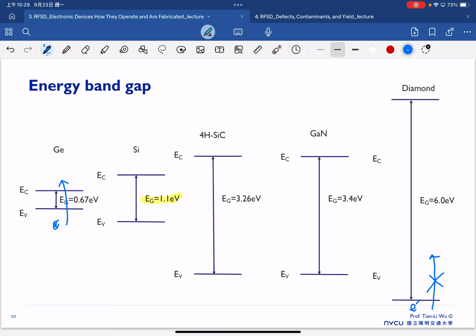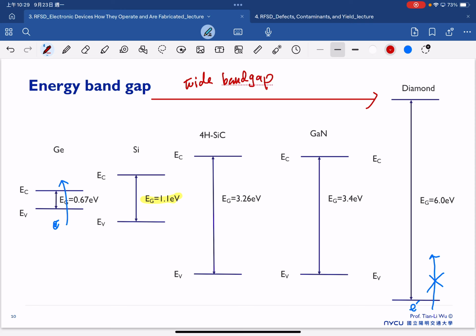So this kind of material is often referred to as a wide band gap material.